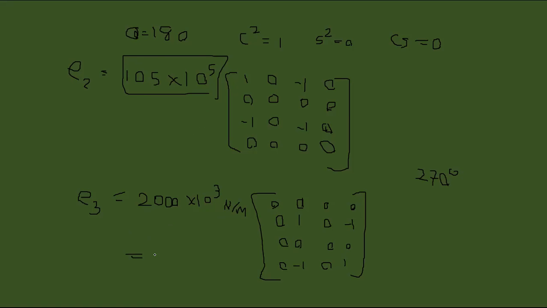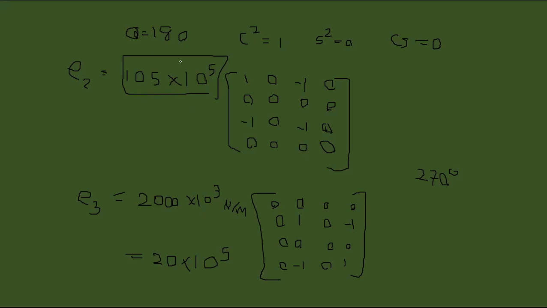So this you can simplify similar to this, 20 into 10 to the power 5. I keep 10 to the power 5 outside because when you add up these matrices, when the scalar is different outside the matrix, you can't simply add those. So you need to make it similar.